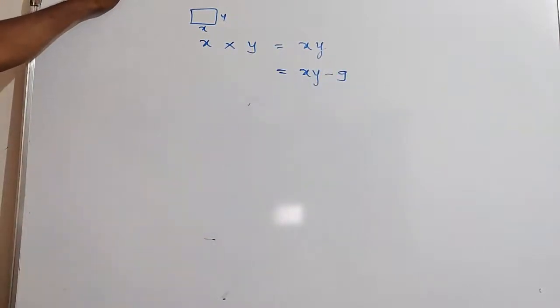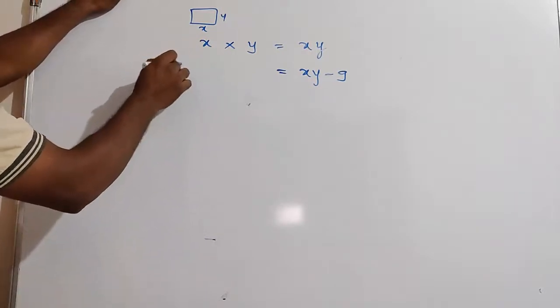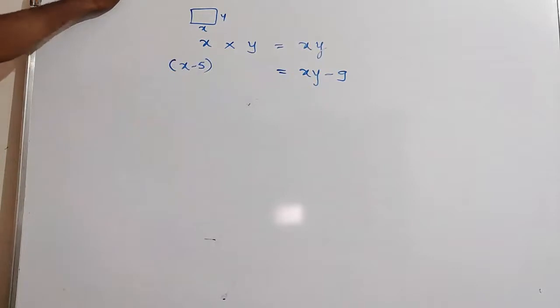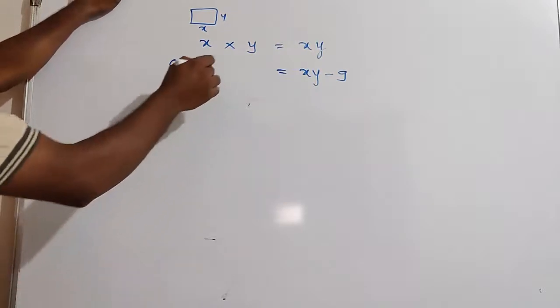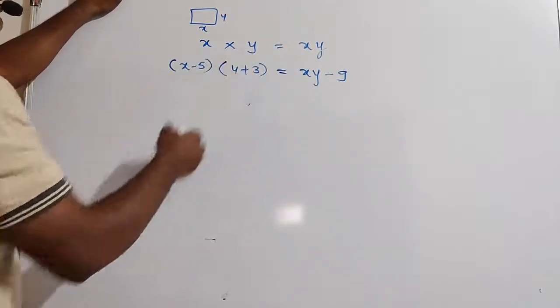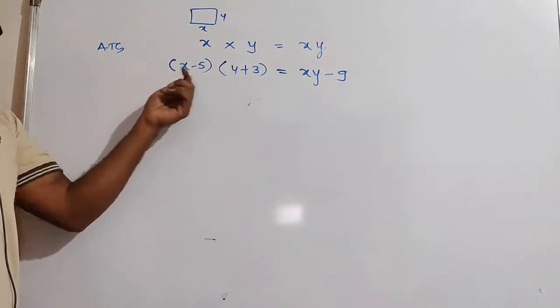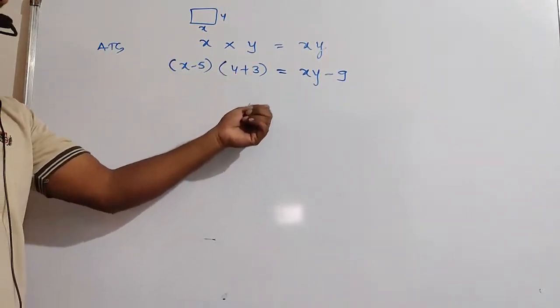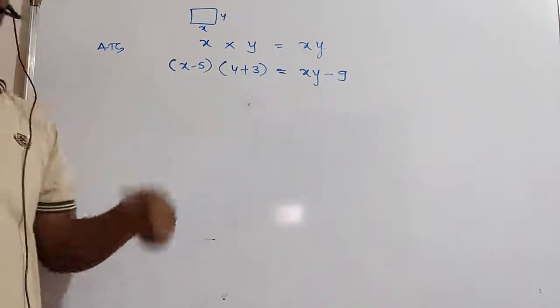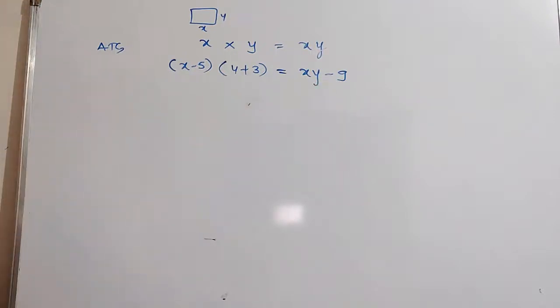If its length x is reduced by 5 units and breadth is increased by 3 units, this is the first condition which is given: if length is reduced by 5 units and breadth is increased by 3 units, the area of the rectangle is reduced by 9 units. Okay, this is given in the first case.